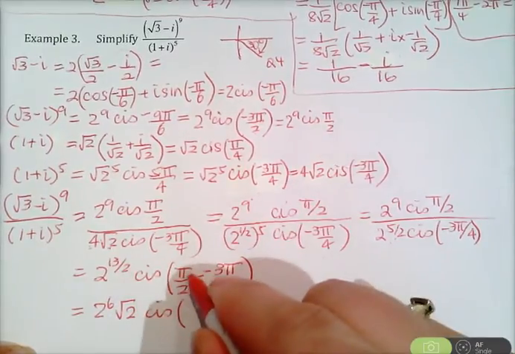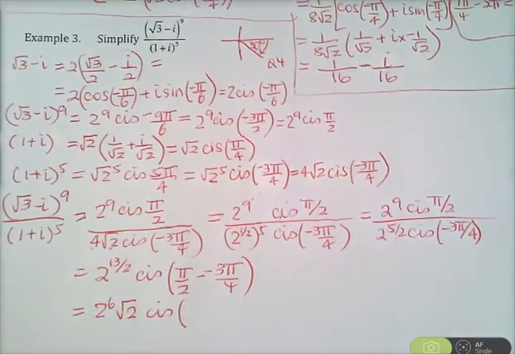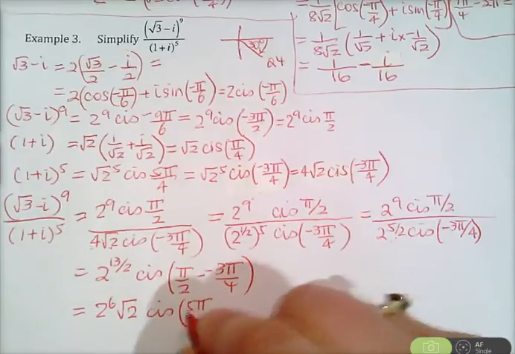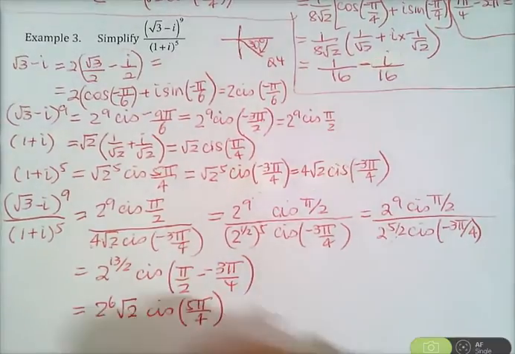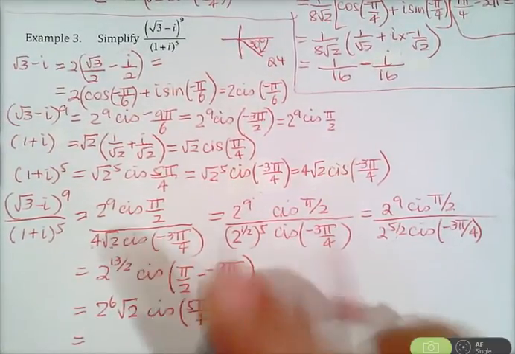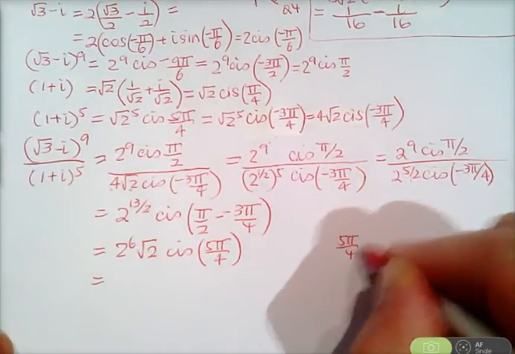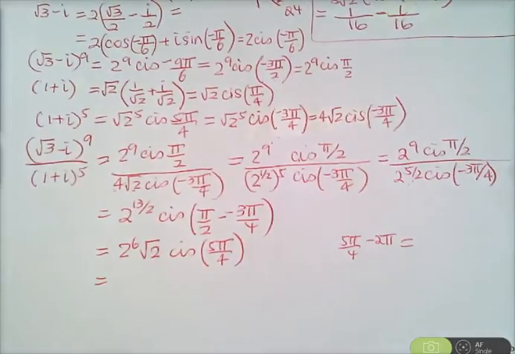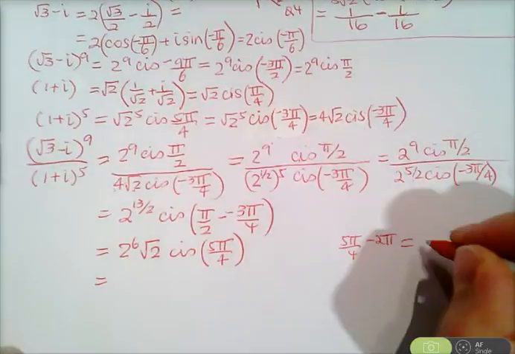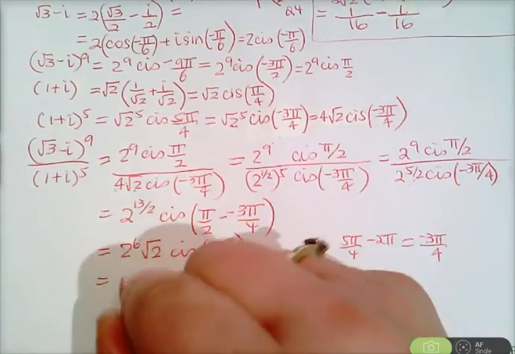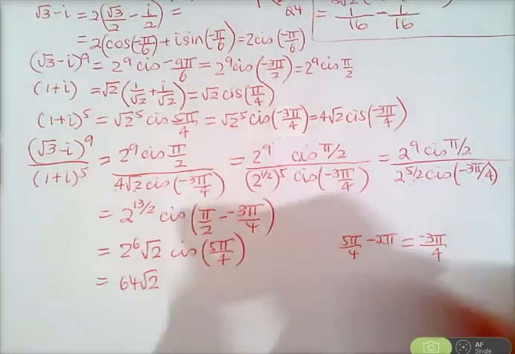Now we've got a half pi plus 3/4 pi, so you can just do a half plus 3/4 on your calculator, and we get 1 1/4, which is 5 pi on 4. Now that is not a principal argument, so you need to subtract 2 pi from that, so 5 pi on 4 minus 2 pi. Now that's 1 1/4 minus 2, which is minus 3/4. So therefore, 2 to the power of 6 is 64. So we've got 64 root 2.